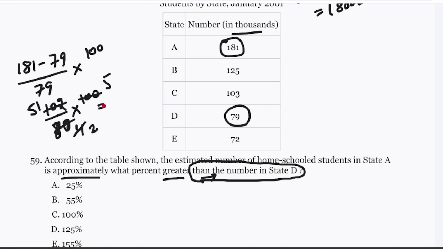So 51 into 5, that is 255, divided by 2. So that is approximately 122.5. So approximately the answer is going to be D, because I said approximately, so that gives me leverage.